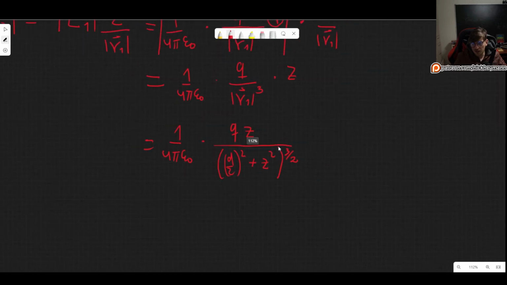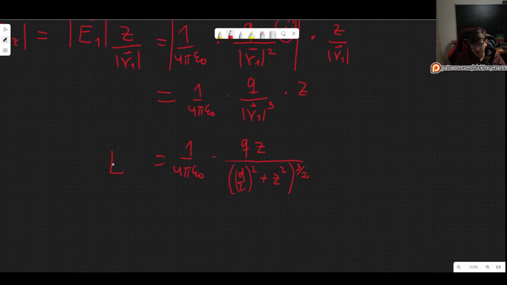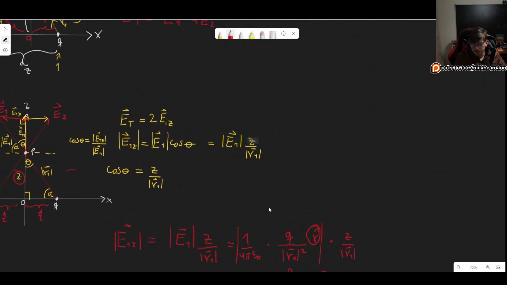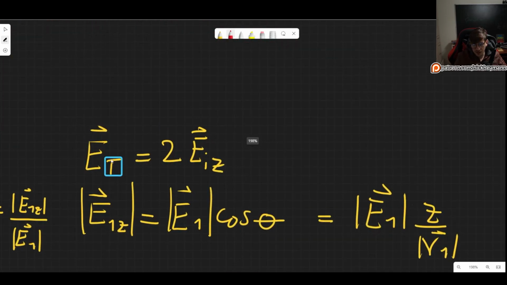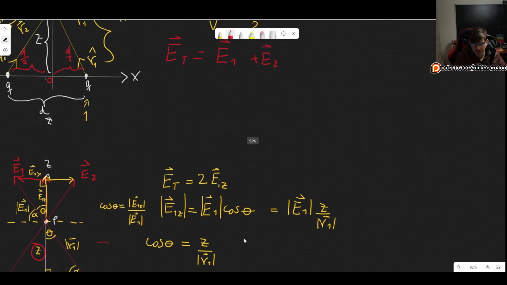It is perfectly equivalent. And this is exactly the modulus of the electric field due to charge 1 in the z direction. But now we don't want the modulus, we want to find the actual electric field in the z direction, because we know that the total electric field is going to be twice this amount.